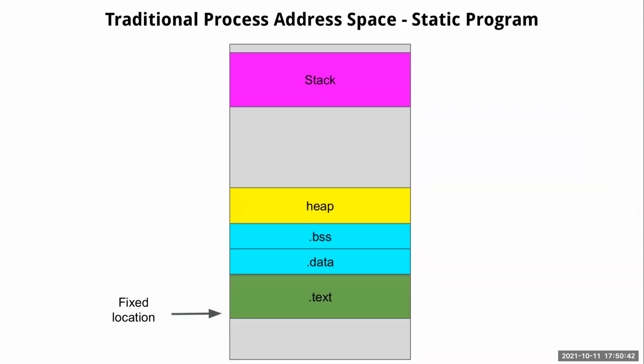For a traditional static program, when the process is created, the kernel will always bring the .text and .data from the executable to a fixed location in the virtual address space. Obviously, we're all talking about virtual address space; we don't care about physical address space.